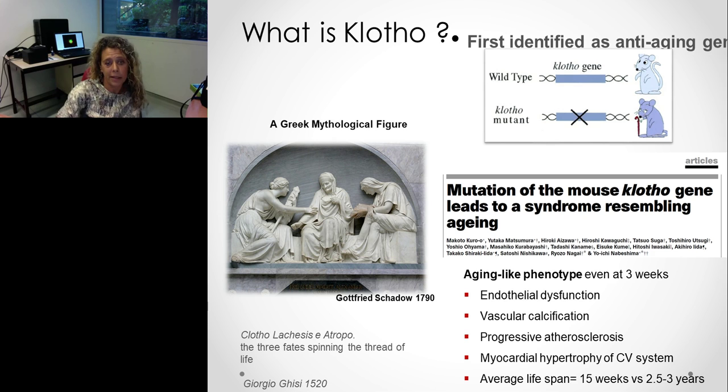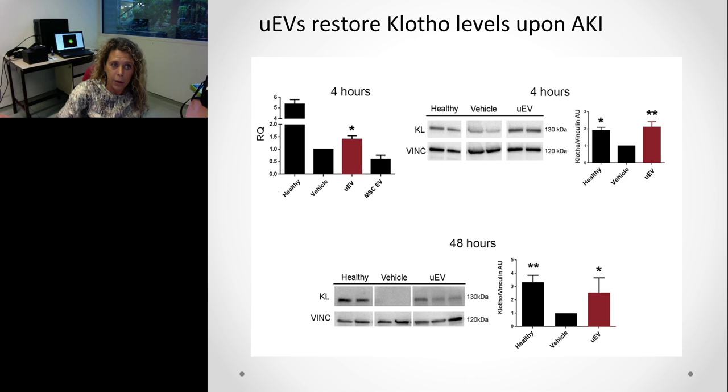So possibly partly it is due to induction of Klotho, partly could also be due to transfer. But what's true is that urinary extracellular vesicles, at variance of mesenchymal stem cell vesicles, had this peculiar effect.